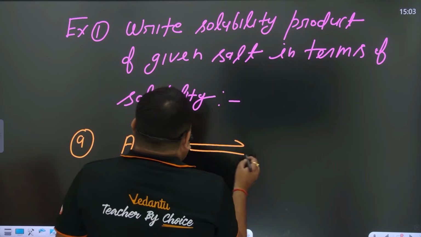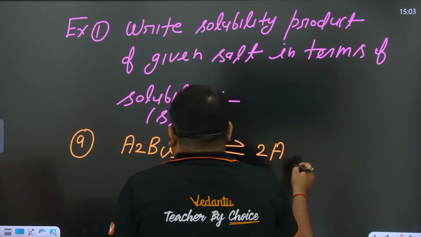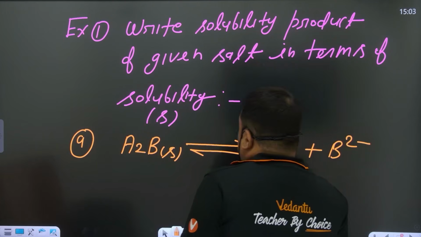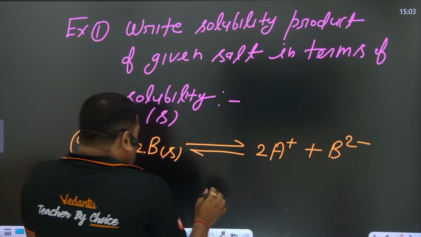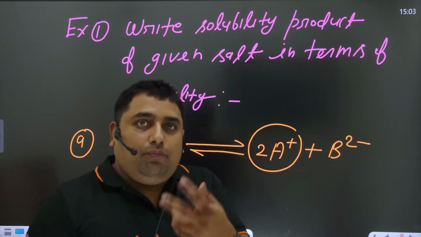You have to do it in this way: A2B gives 2A^+ plus B^2-. First you have to ionize the given salt, and then you have to put the concentration of the ions in terms of its solubility.